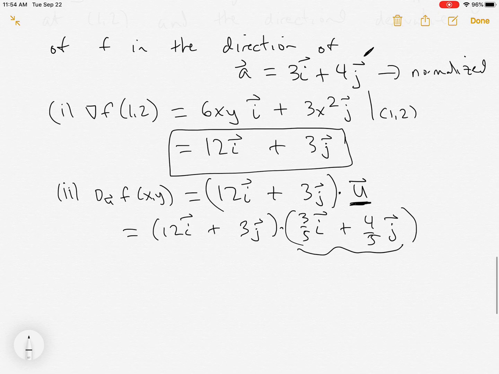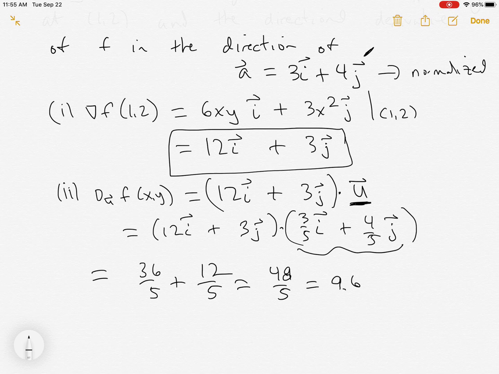Okay, so now let's compute this. It's 36/5 plus 12/5, which is 48/5. And what's that, like 9 point something? 9.6. It's very steep.